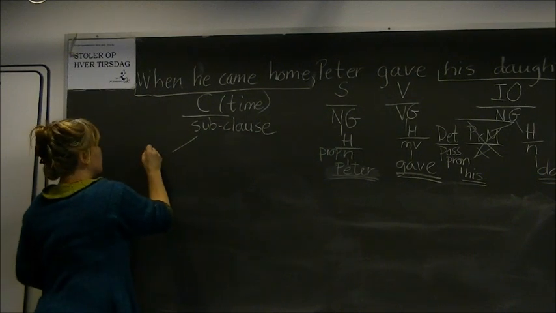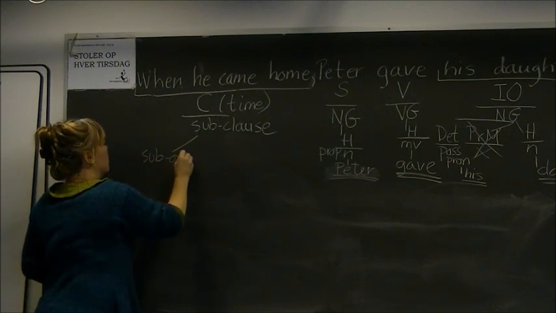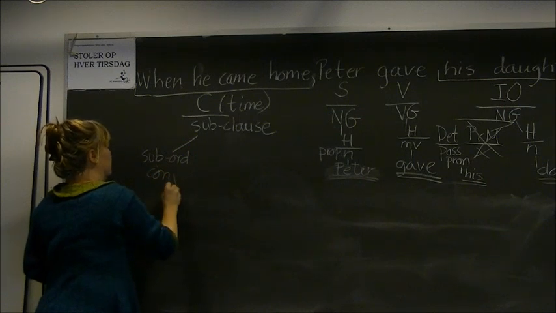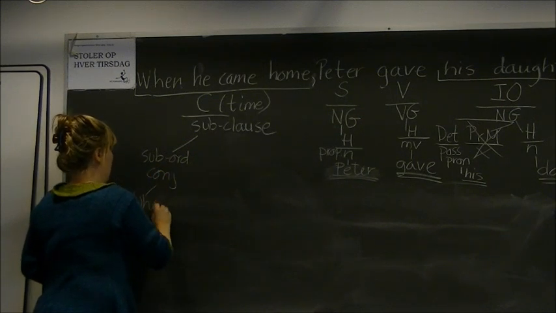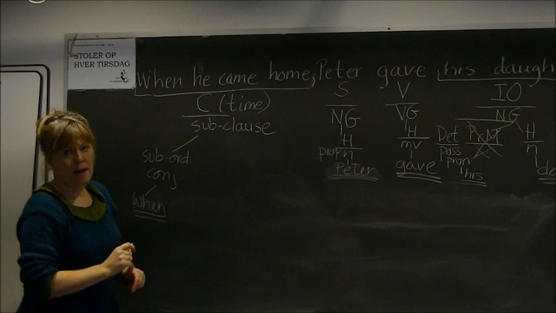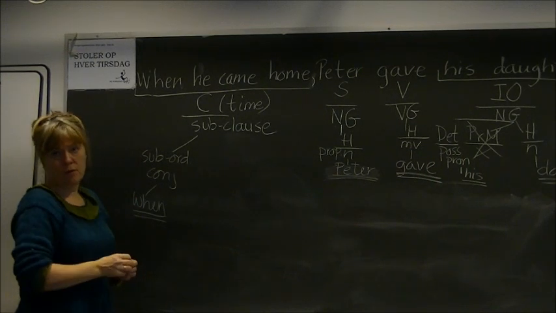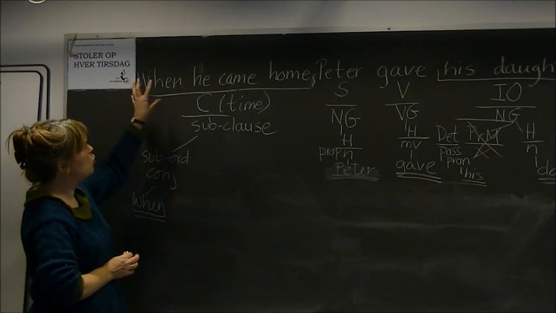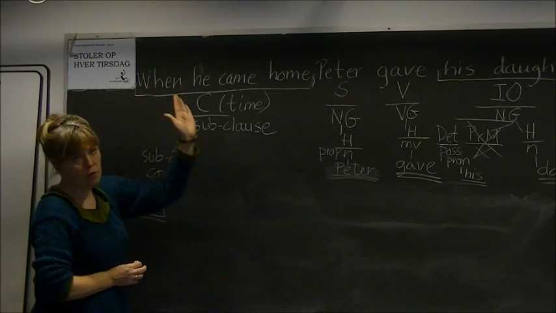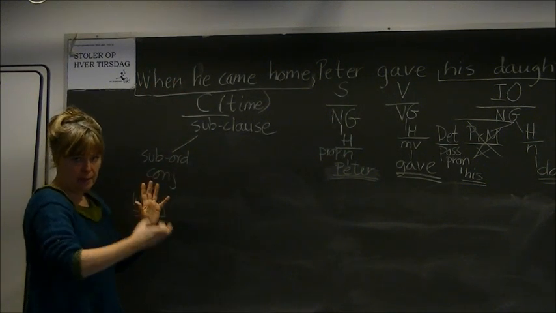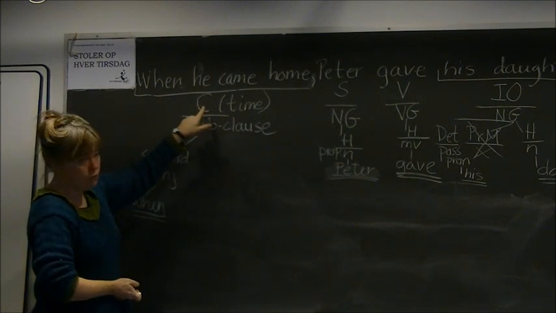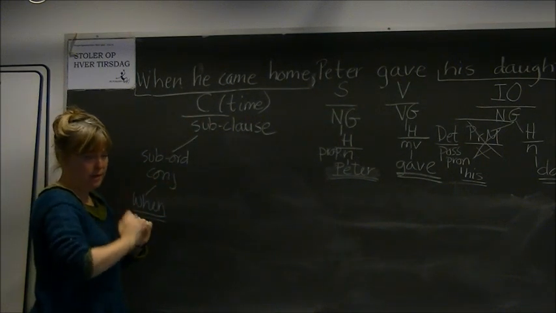So the when is a subordinating conjunction. Just like if, where, how, that, because, lots of those subordinating conjunctions that really turn a clause into a subclause by making it dependent, by giving it a role within the rest of the clause.